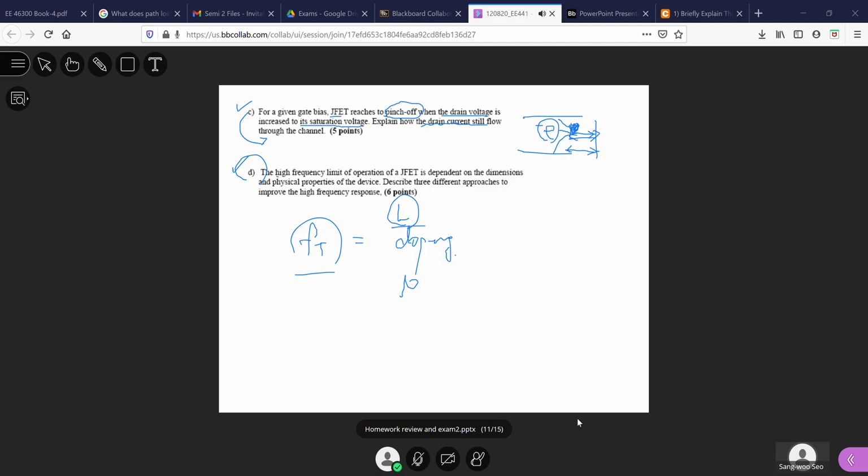When we decrease the channel length, we can increase the FT value. When you increase the doping, again, we can increase the FT value. When you choose a material with higher mobility, we can also improve the FT value. That kind of discussion will answer this question.